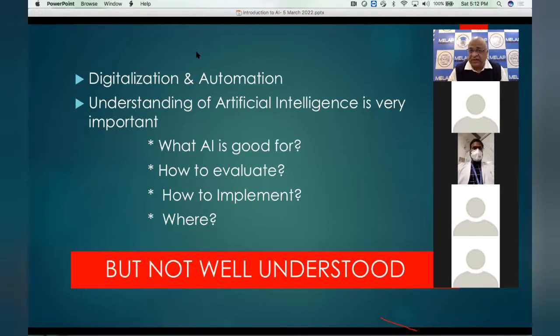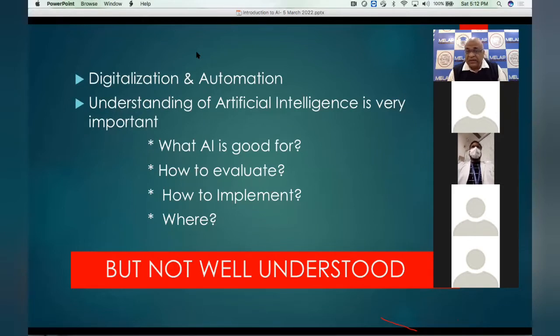We have to understand what this automation is, what are its limitations and what are its advantages. Whenever we are developing a new thing, in addition to advantages, we should learn about its limitations also. And now we are talking about artificial intelligence. We will see what exactly it is.